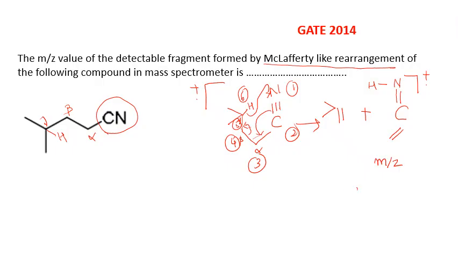It has got 2 carbons and 1 nitrogen, and hydrogens, here we are having 2 and here it is 1. So 12 into 2, 24, and nitrogen is 14, 3 hydrogens. So when we add everything, we will be getting the mass 41. So the correct answer is M by Z of 41.